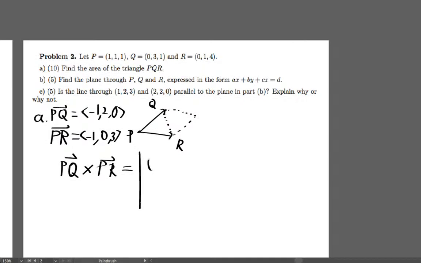You have i, you have j, and you have k. And then let's put in our vectors here. PQ is the one there, PR is the one there. So you want to take the determinant of this thing.